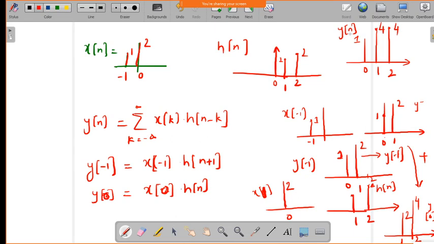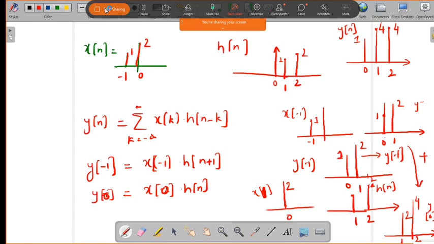So now is it understood? Hello? So this is the output of the system. Sir, so is there any doubt in this?